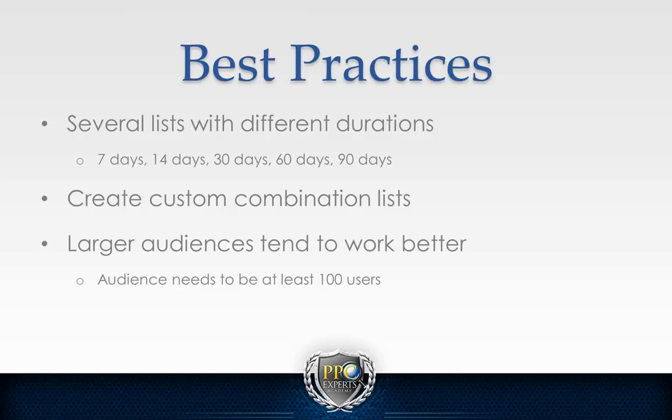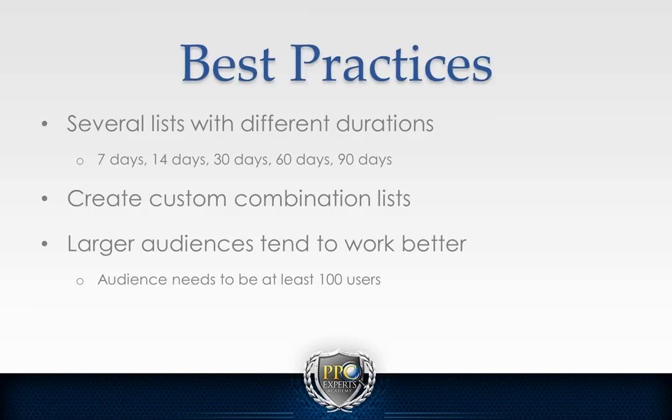Now, granted, for an abandoned shopping cart, 90 days is probably too long, especially if you're a large website getting, let's say, 1,000 abandoned carts per day. Maybe you even want to trim it down to 3 days. But you want to have lists with different durations: 7 days, 14 days, 30 days, 60 days, 90 days.